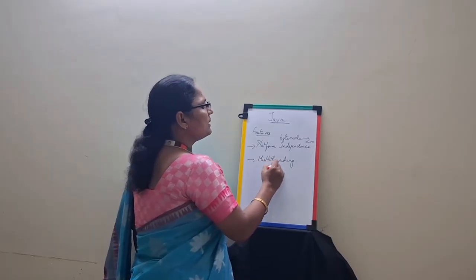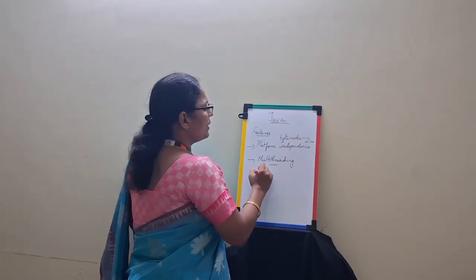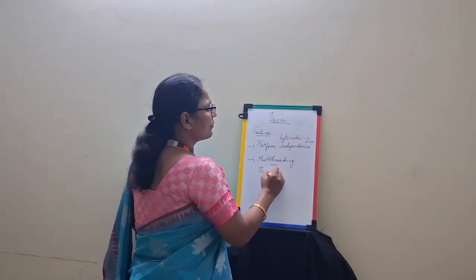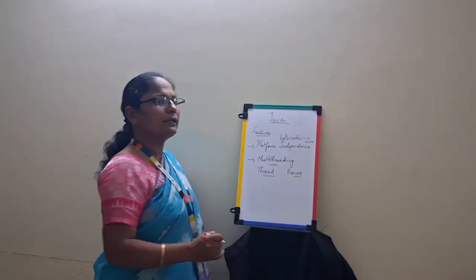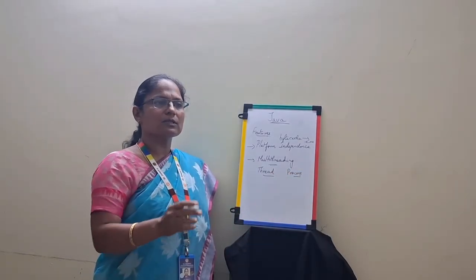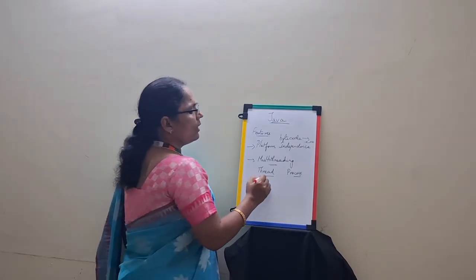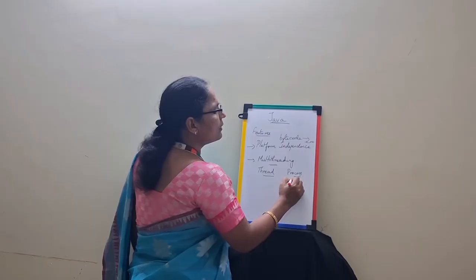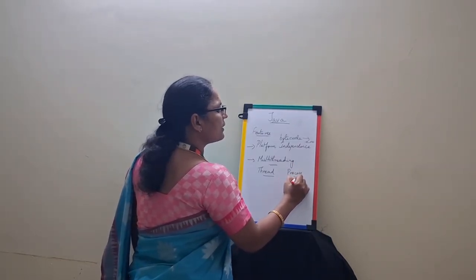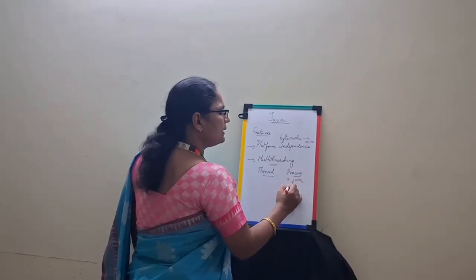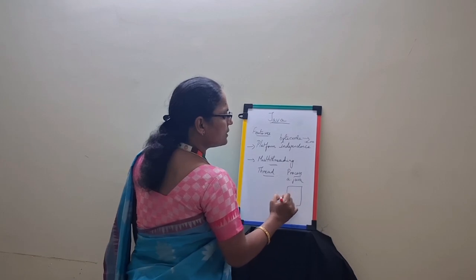Multi-threading. In the multi-threading concept, we need to find the difference between what is a thread and what is a process. So what is a thread? First let me tell you what a process is. If I have a .java file and I am going to execute this entire file, that is a program in execution.